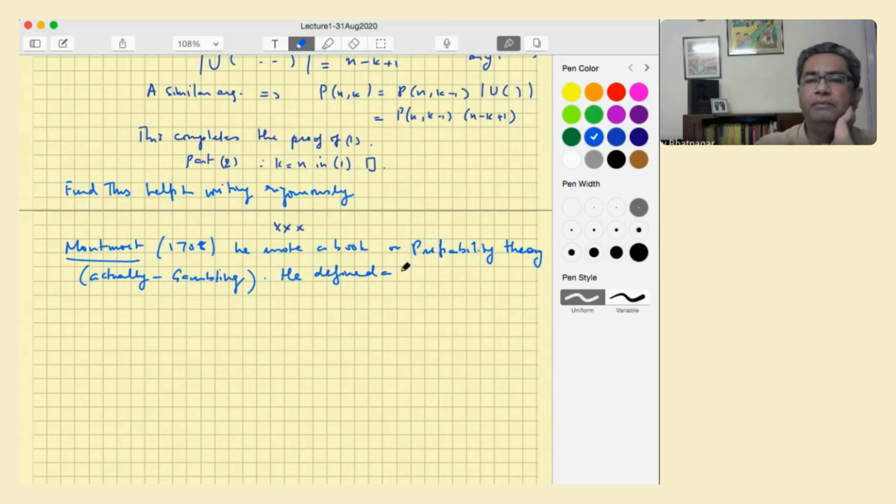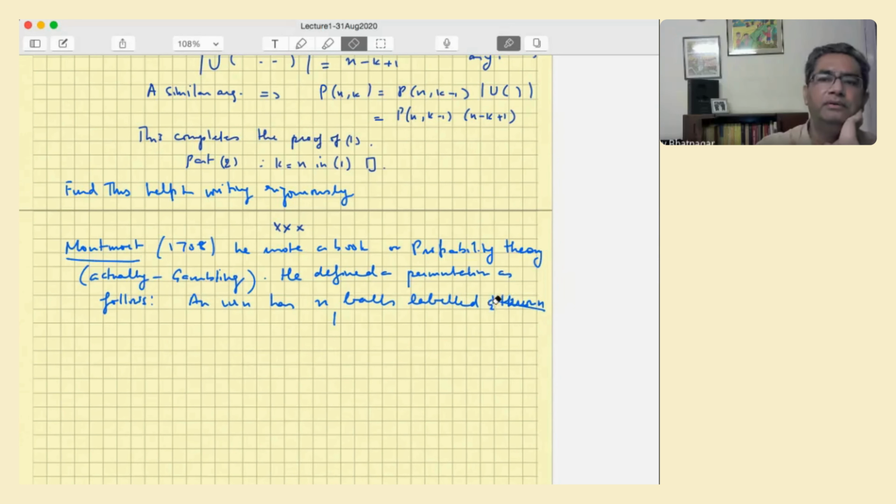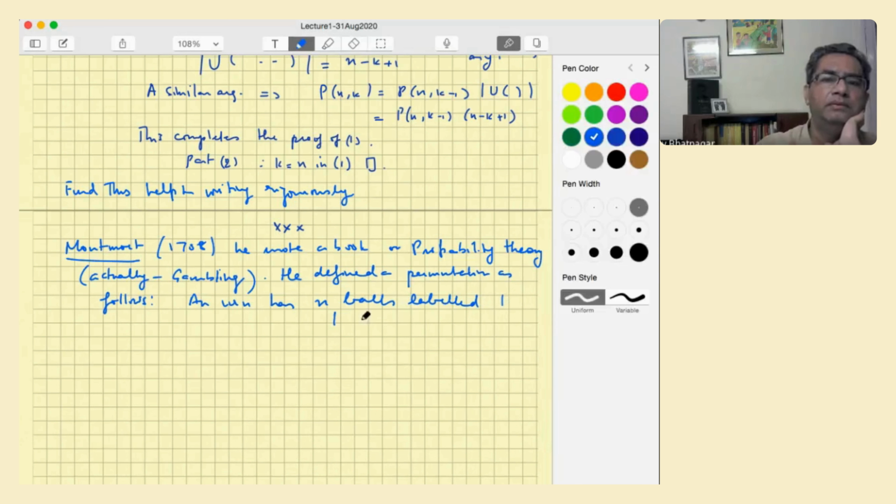He defined permutation as follows. An urn has n balls labeled 1 through n, and pick a ball and note its number.